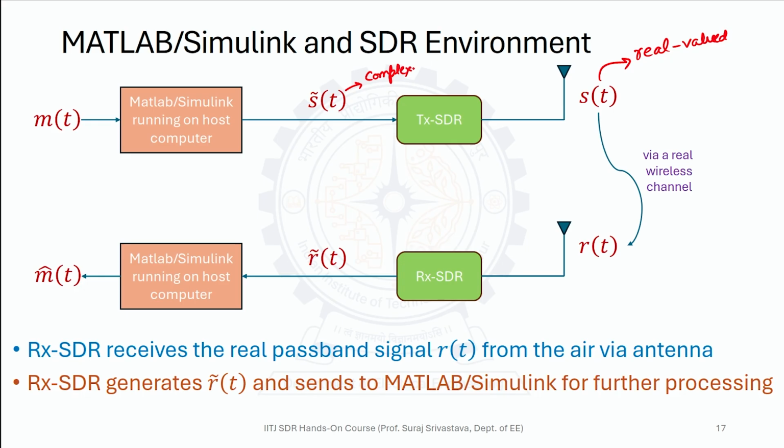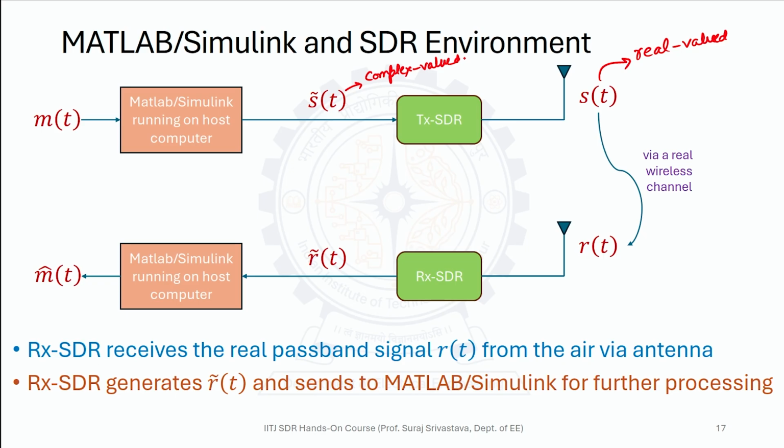For some of the waveforms, S tilde t can be real, but in general S tilde t will be a complex valued waveform, while S(t) will be a real valued waveform. And this looks obvious because if a waveform has to travel through the real environment, it has to be real in nature.